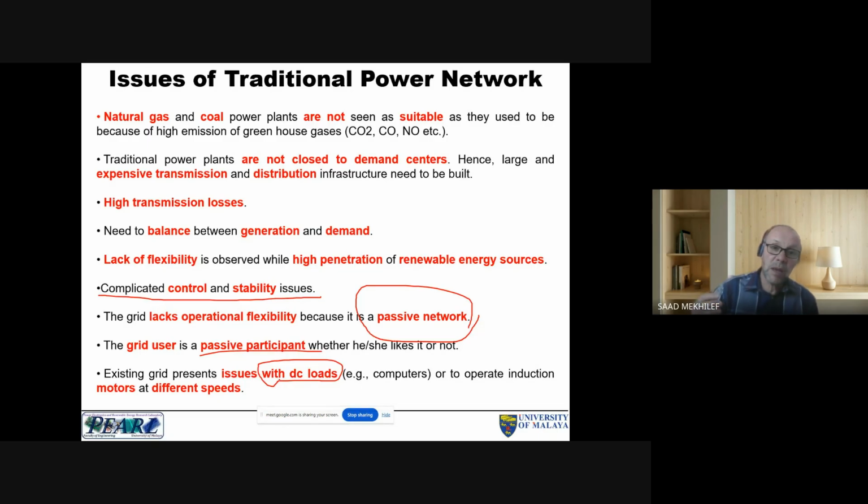So what happens is that we have to rectify, and when you rectify, harmonics are injected back into the grid. That's one of the main issues. So it's not very friendly with DC loads. These are some of the issues that exist in the traditional power networks.